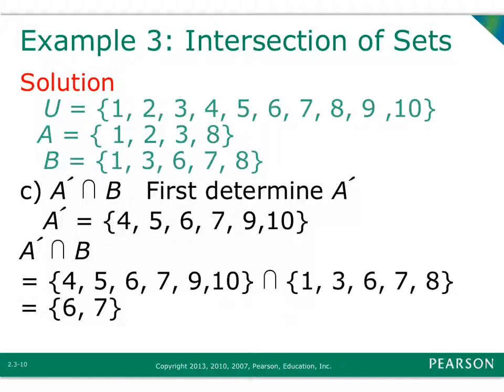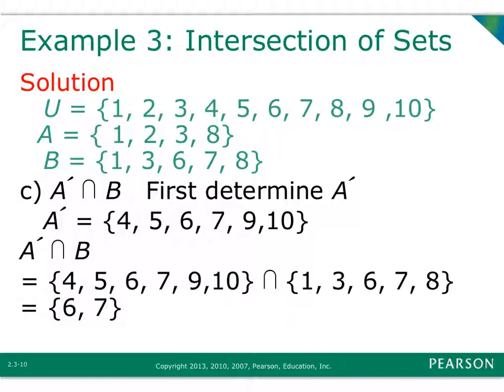In part C, we have A prime intersection B, and first we must determine A prime. So A prime is not A. Any number that's not in A is in A prime. So in A prime we have the numbers 4, 5, 6, 7, 9, and 10.